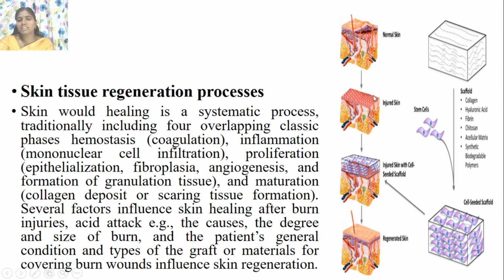This is the normal skin, and this is the injured skin, where for tissue regeneration the scaffold can be made from collagen, hyaluronic acid, fibrin, acellular matrix, synthetic biodegradable matrix, or polymers. They are formed as a cell-seeded scaffold, and these can be used for the treatment of injured skin. The cell-seeded scaffold may regenerate the normal skin.